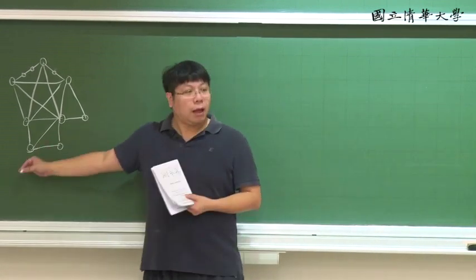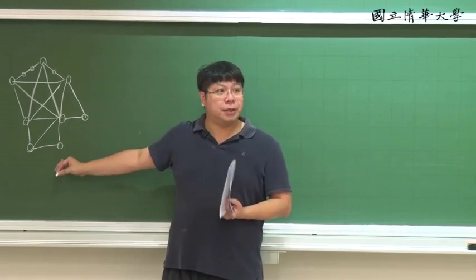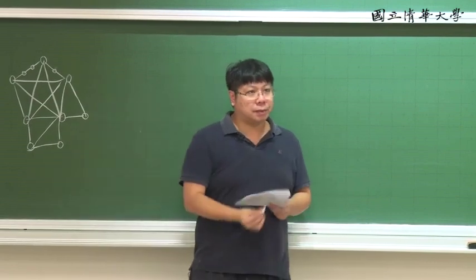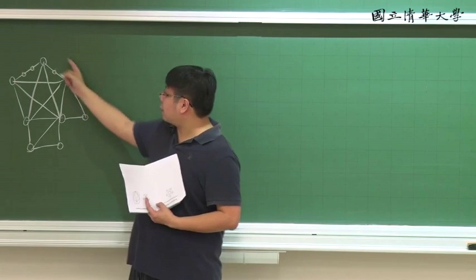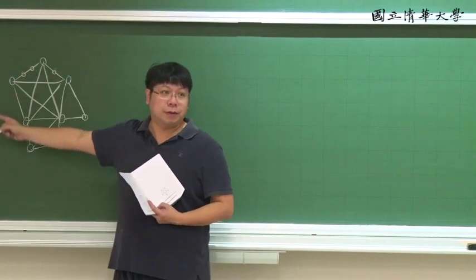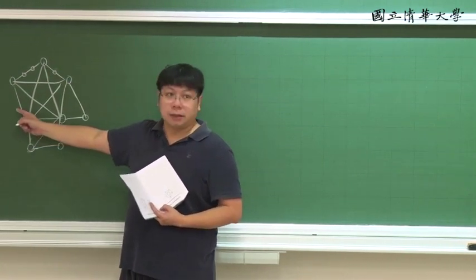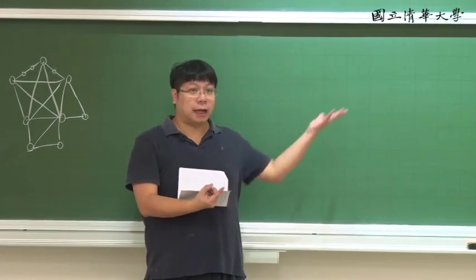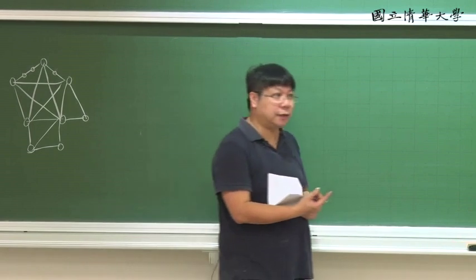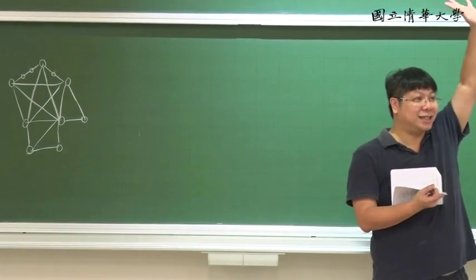By the Kuratowski theorem, we know that this is still not planar. The reason is that we can find a subgraph inside this graph that is homeomorphic to K5. So if this is the case, then this is not planar. If you're okay with this, could you please raise your hand?